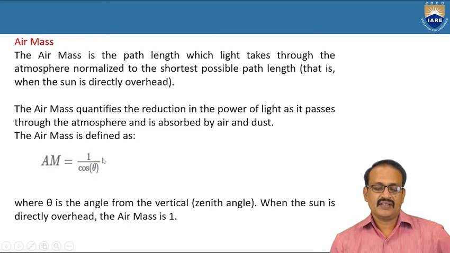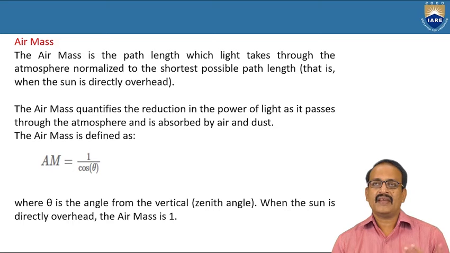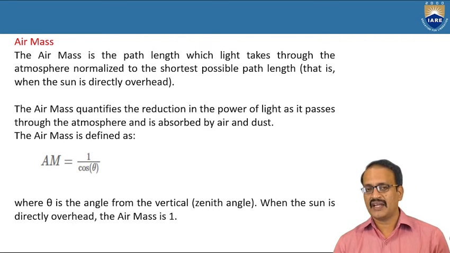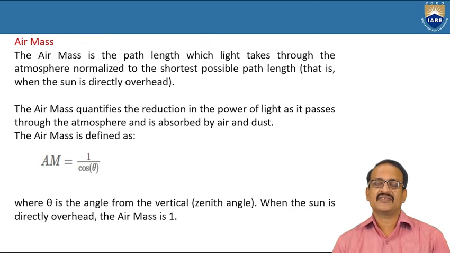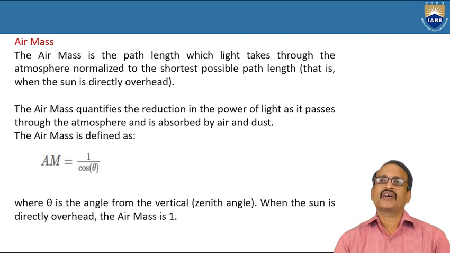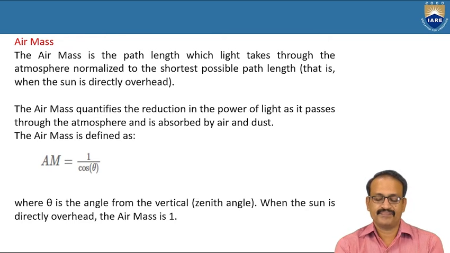And the next thing is air mass. So it is the shortest path the sun ray will take to reach the Earth. The air mass is the path length which the ray takes through the atmosphere, normalized to the shortest possible path.